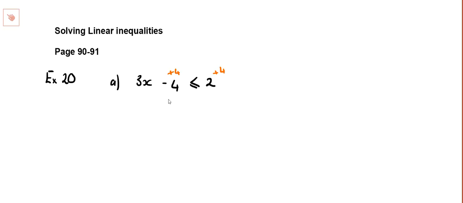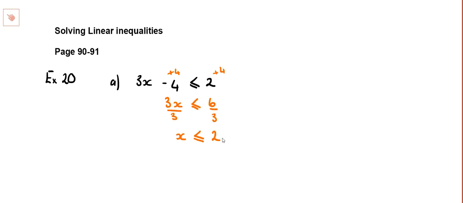So that would leave me with 3x, because add 4 gets rid of the subtract 4. 3x must be less than or equal to 6. And then divide by 3. Good. So I'm going to divide it by 3 because that gives me x should be less than or equal to 6 divided by 3, which is 2.